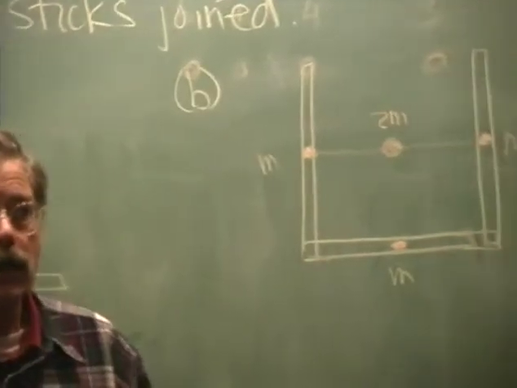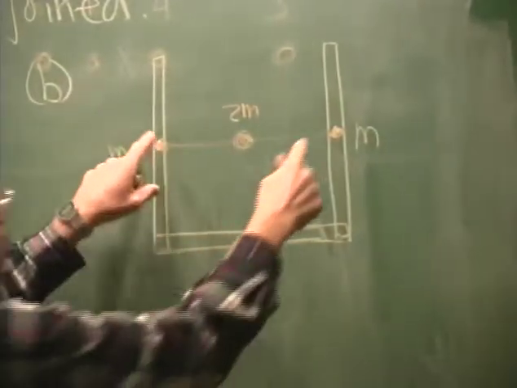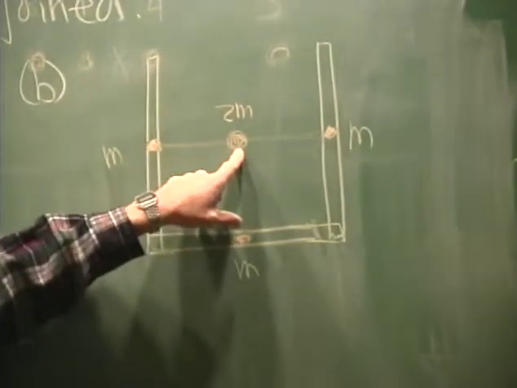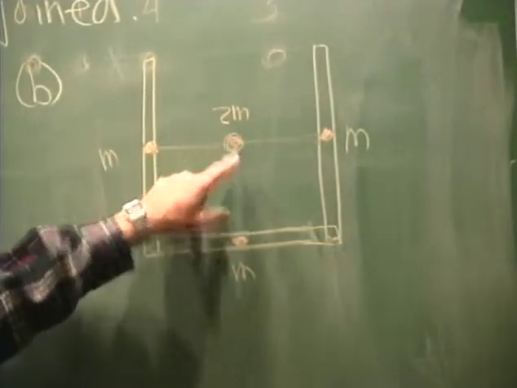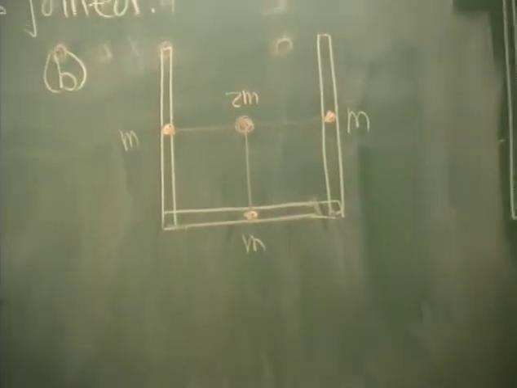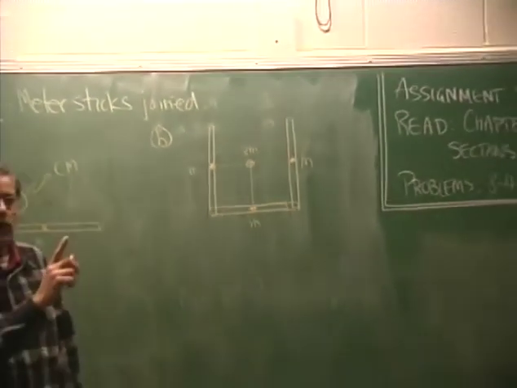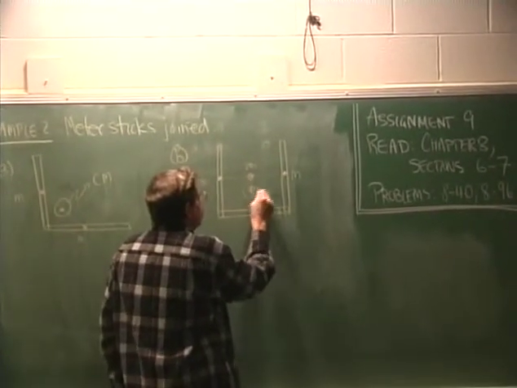So the whole thing is equivalent in the first instance to 3 m's like that, but these two are the equivalent of 2 m's in the very center. So now I just have to combine 2 m's there and 1 m there. I draw the line between them, and the center of mass is going to be 2/3 of the way up. So it would be somewhere about around here.